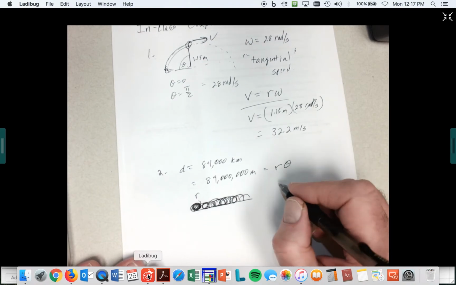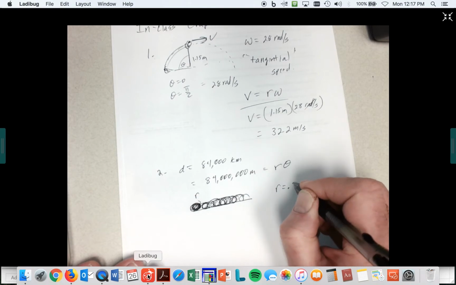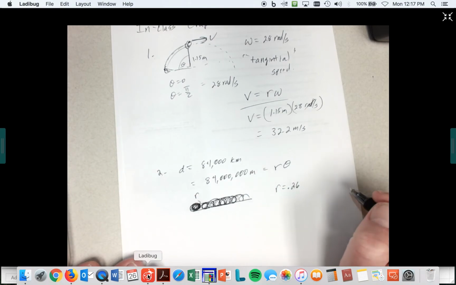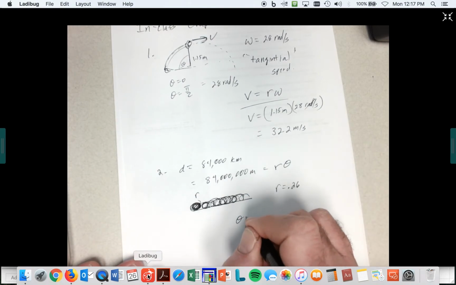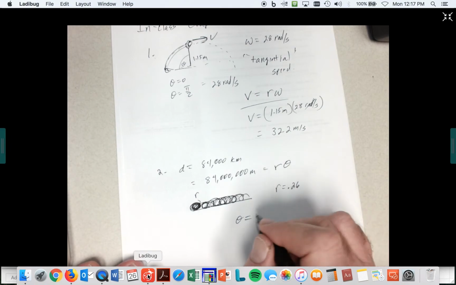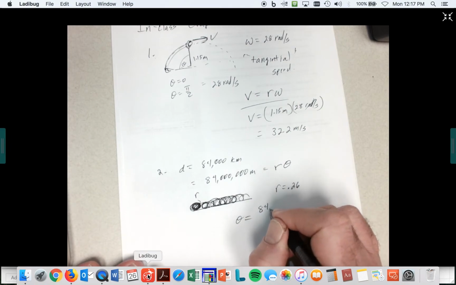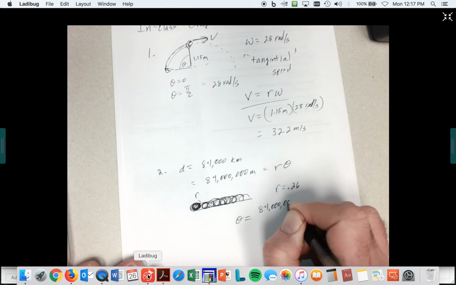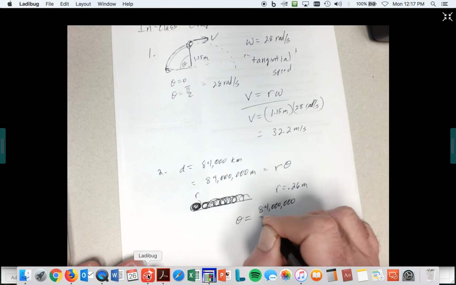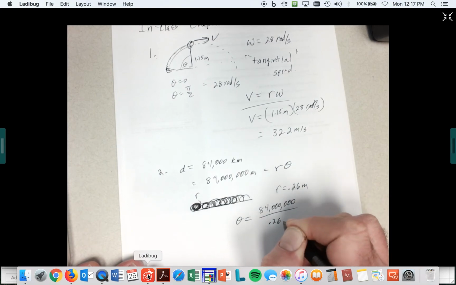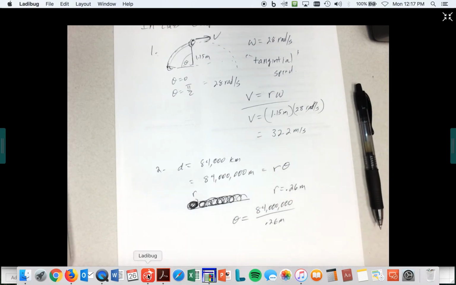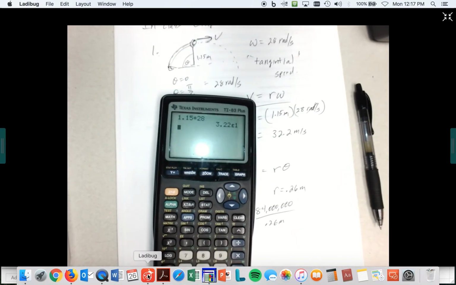They told me what r was. R is equal to 0.26. Then theta is equal to 84 million divided by 0.26. This is kind of fun, actually. This is not going to be our answer, though. So let me put this in.